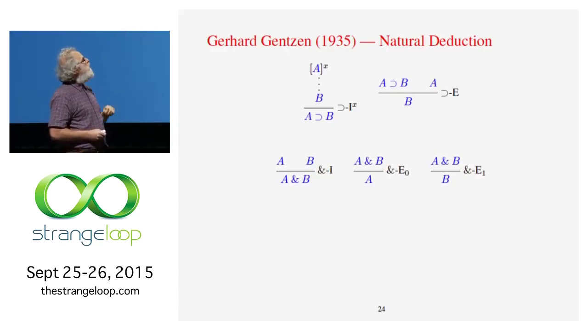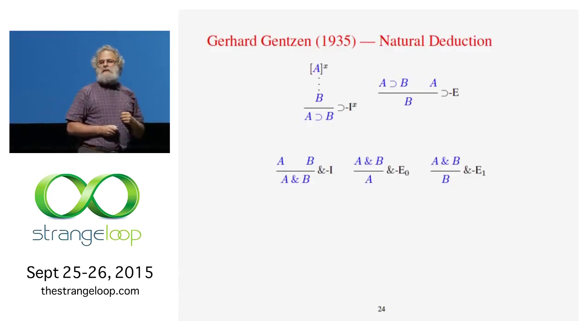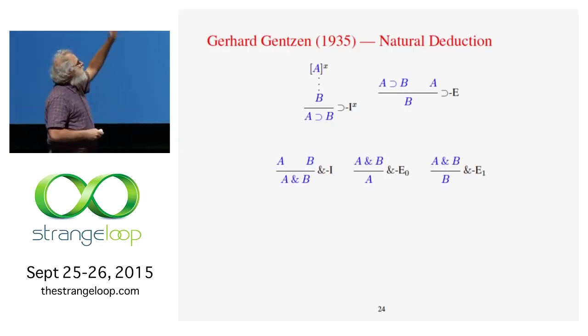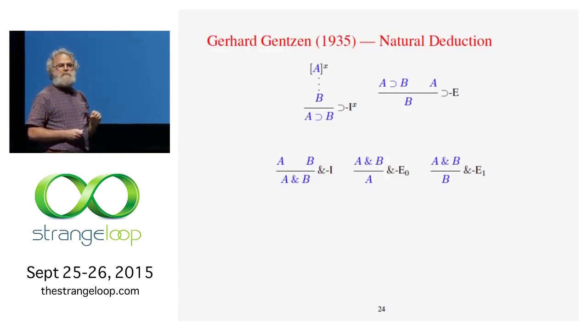And what does the one on the right say, the elimination rule? It says if you know A implies B, and you know A, those are the two hypotheses above the line, and then below the line we have the conclusion. What do you know if you know A implies B and you know A? Hey, you know B. So that's how you make use of an implication.